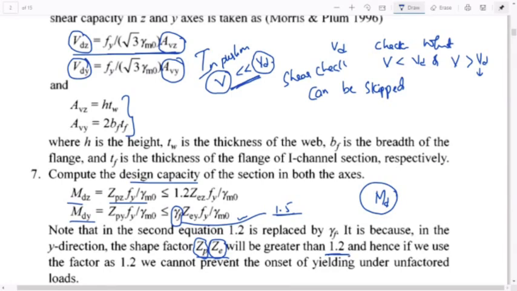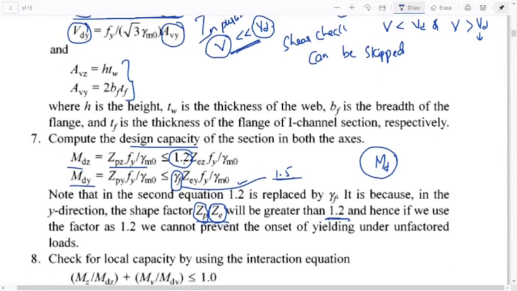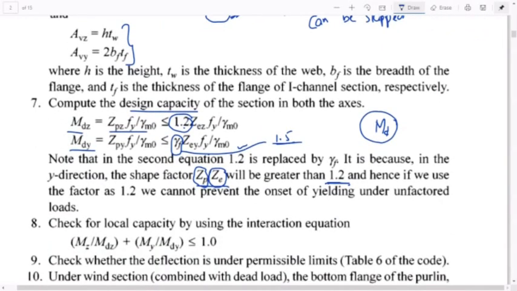In such a case, we cannot use the term 1.2, so instead we use gamma f, where gamma f is going to be 1.5. By using that, we can prevent the yielding of this section in the y direction due to unfactored loads.